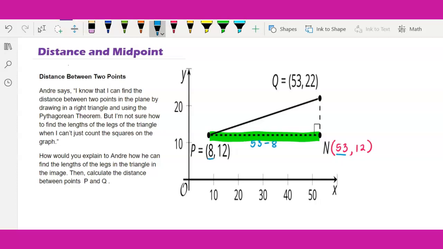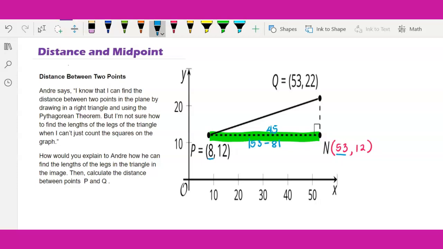And because we're dealing with distances, we're going to find the absolute value of 53 minus 8, so that it doesn't matter which order you subtract. If you subtract 53 minus 8, it's going to be 45. If you subtract 8 minus 53, that's going to be negative 45. You take the absolute value, it's still going to be 45. So this length is 45.